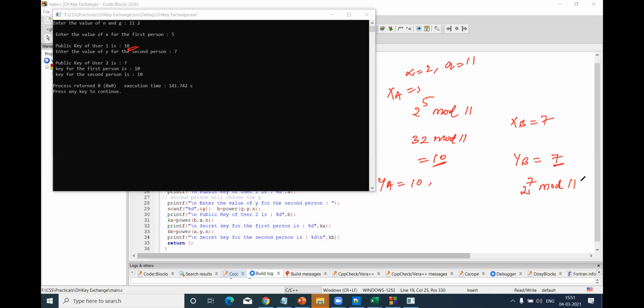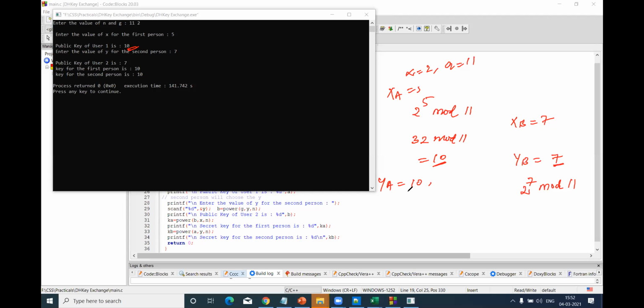So 128 mod 11. Are you getting the answer? Which is 7, right? 7.